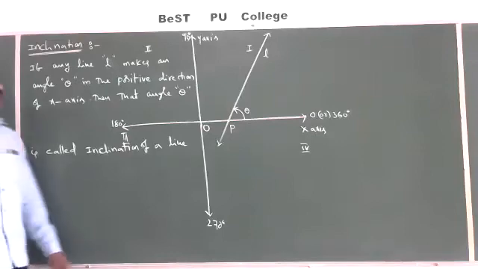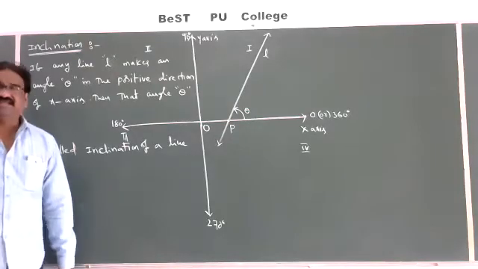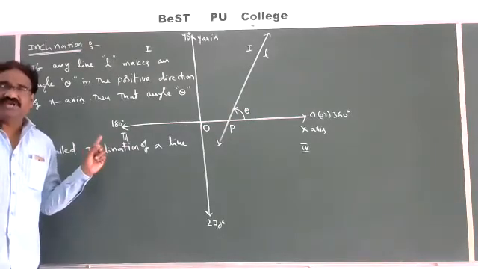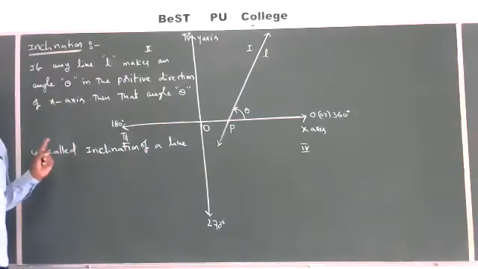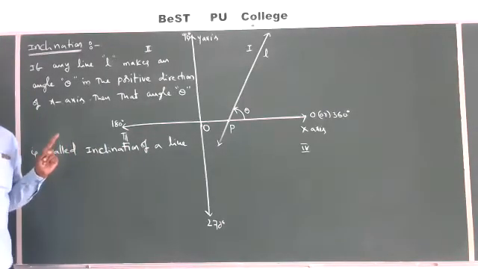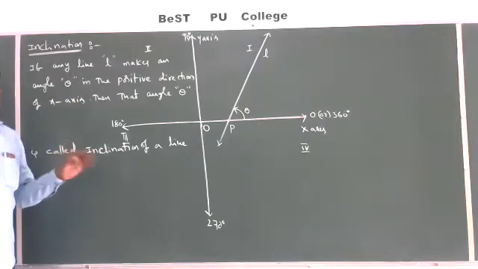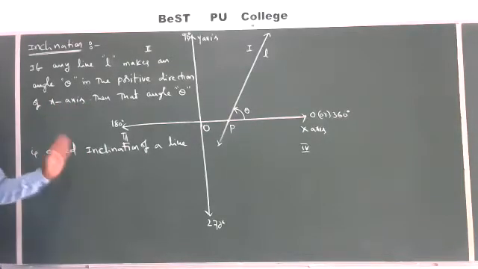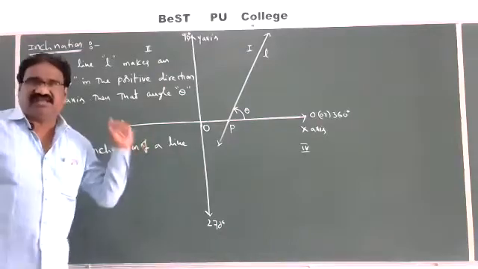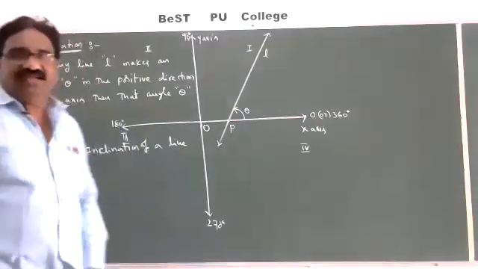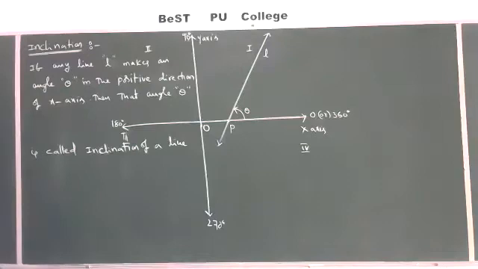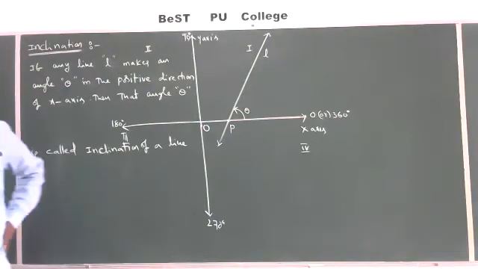Positive direction means anti-clockwise direction of the x-axis.